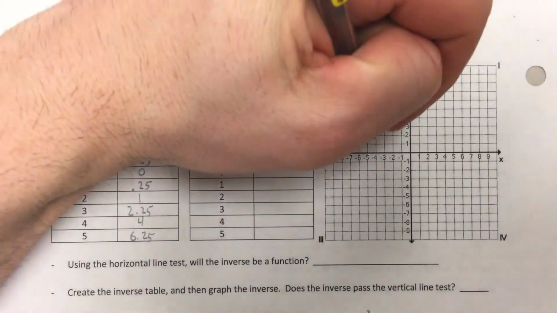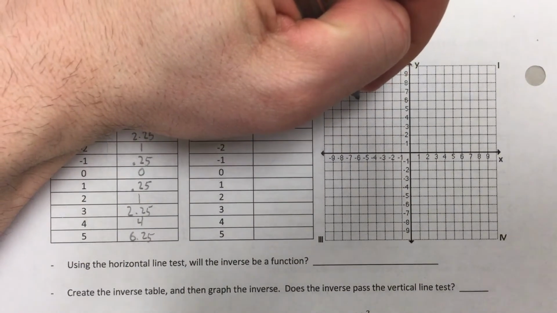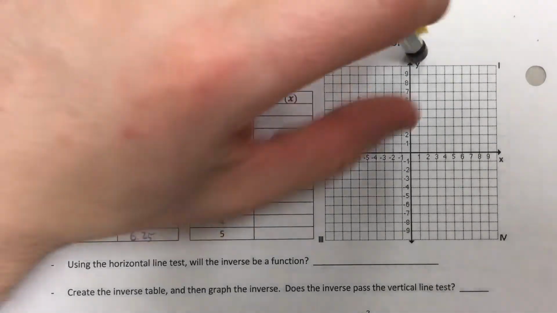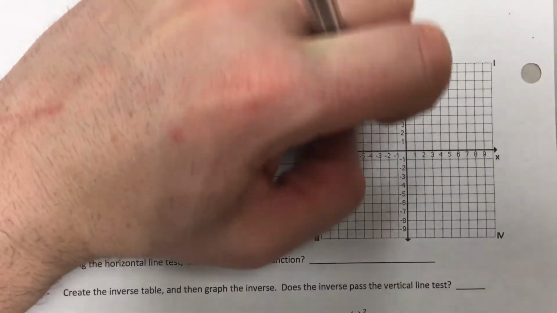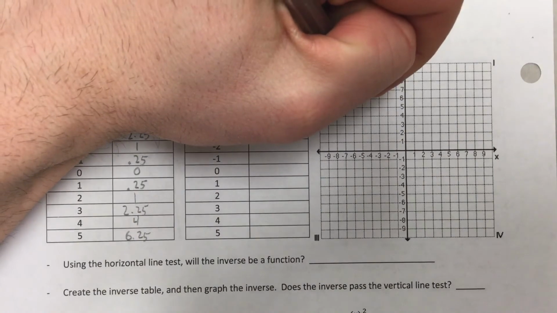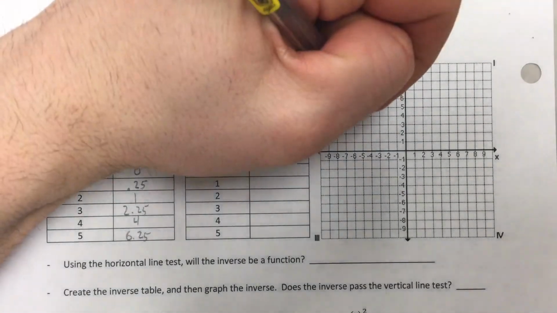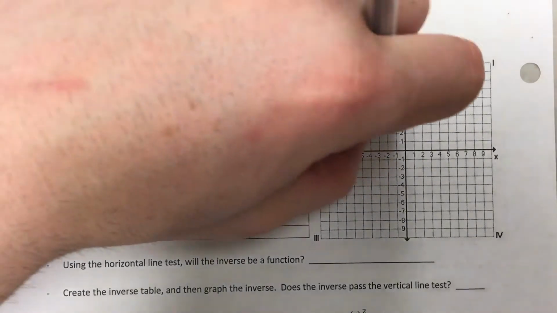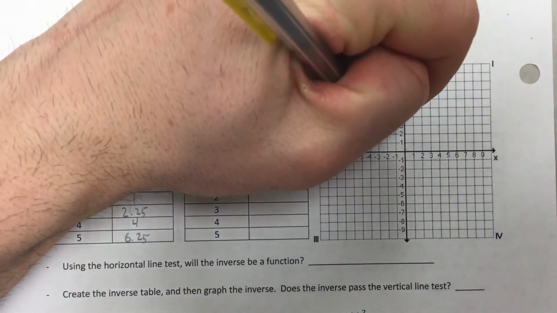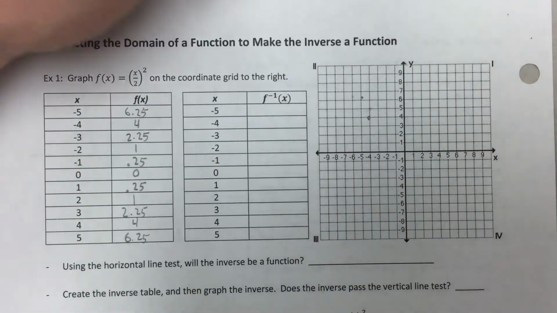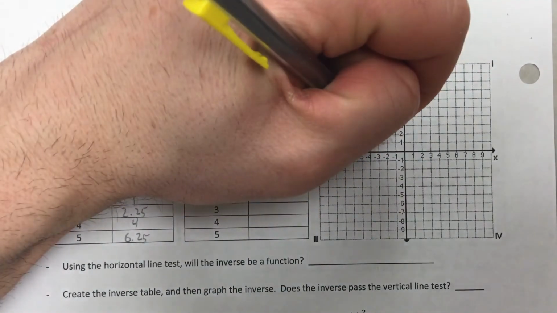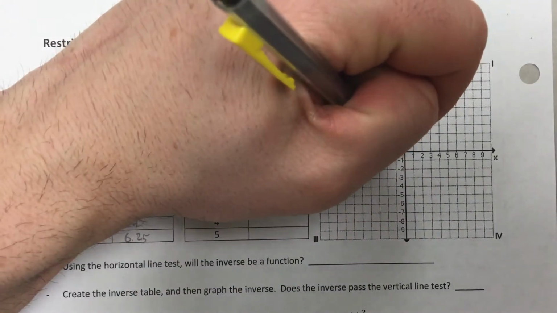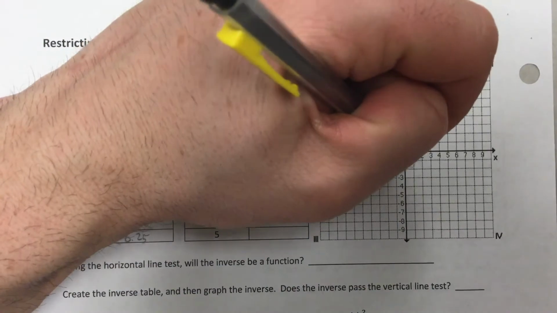And so -5 is 6.25. And -4 is 4. -3 is 2.25. -2 is 1. -1 is 0.25.